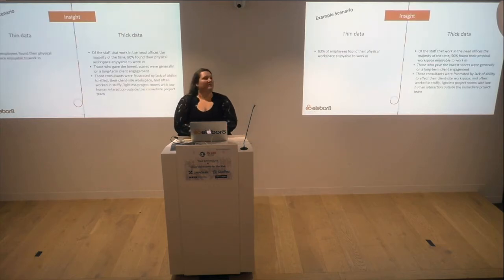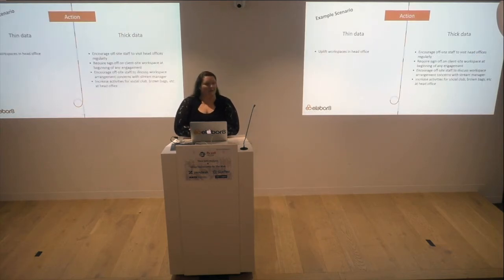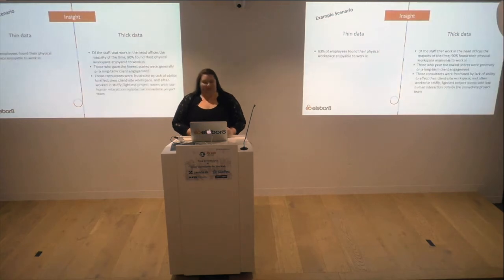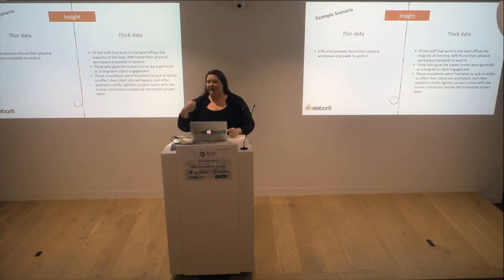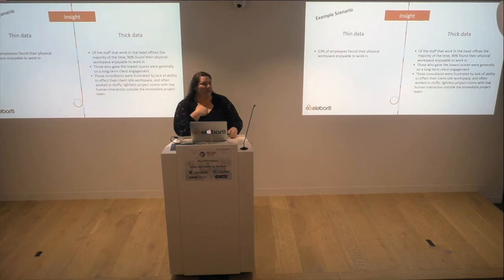So what we did was put that information, which is a very small bit of data, against things like a Trello board saying where all of the employees were working at any given time, and engagement data showing where the employees were when they were on site and how long they had been there.